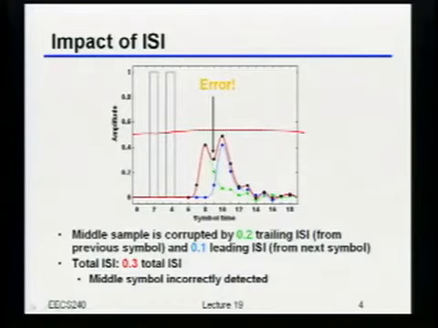But the key point here is the reason things are getting messed up is that, as an example with this blue pulse and the green pulse, the green pulse is still sticking around, right? It's leaving some residual energy there. And even the blue pulse, even though it hasn't arrived at the receiver yet, is starting to move things in the wrong way.